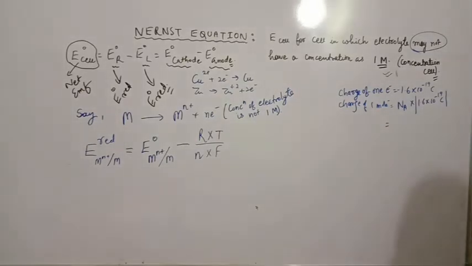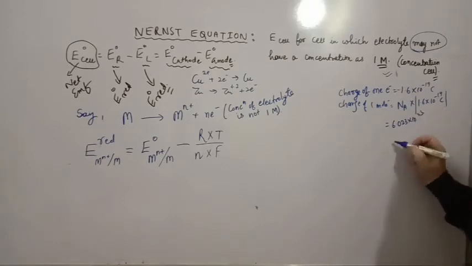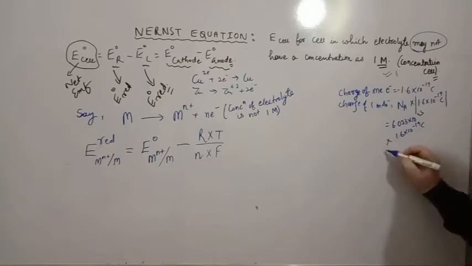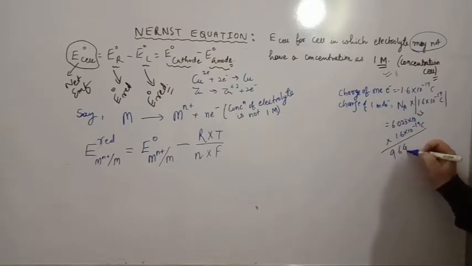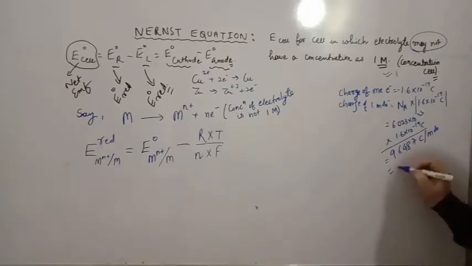So this will come out to be 6.023 times 10 to the power 23 multiplied by 1.6 times 10 to the power minus 19 coulomb, which is equal to 96487 coulomb per mole. It is considered to be 1 farad.